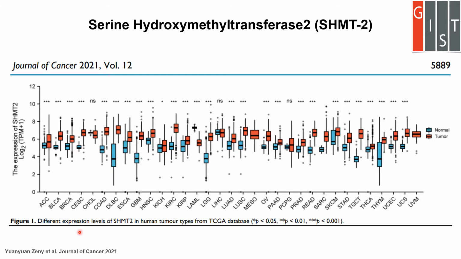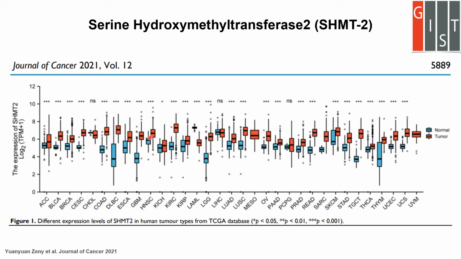So in this paper, to analyze SHMT2 expression in human cancers, they used the public RNA-seq data from the TCGA database and checked SHMT2 levels in comparison to normal across a series of cancer types.